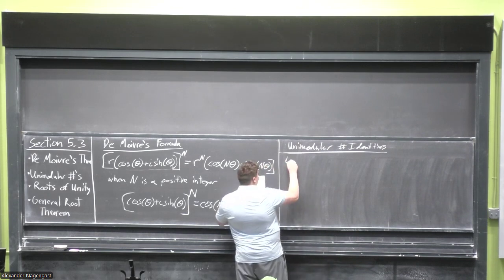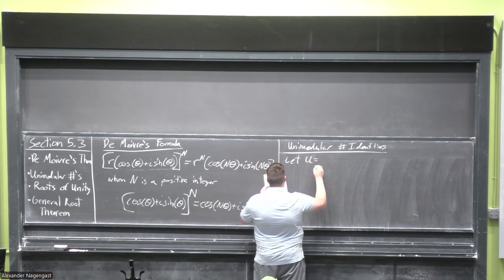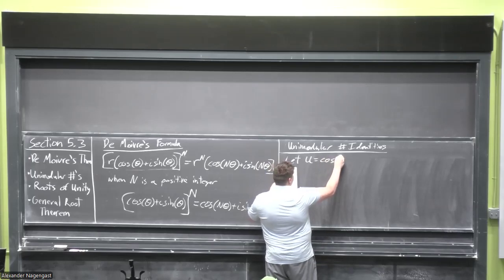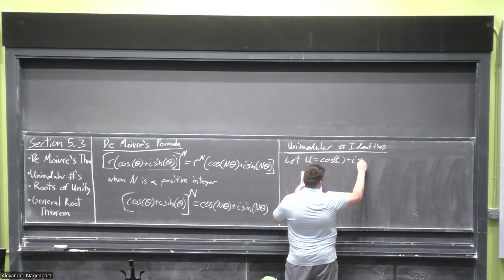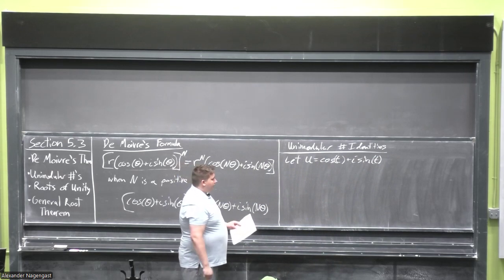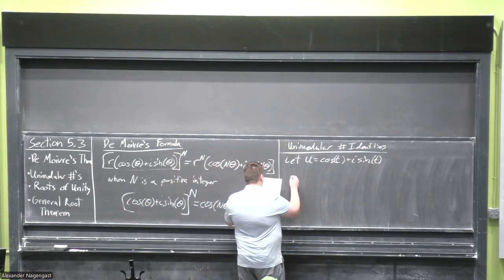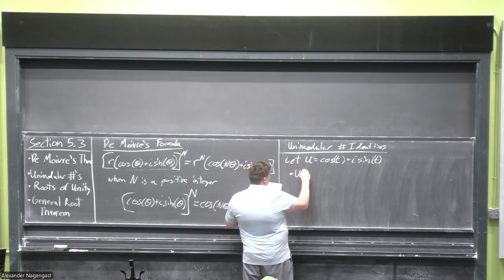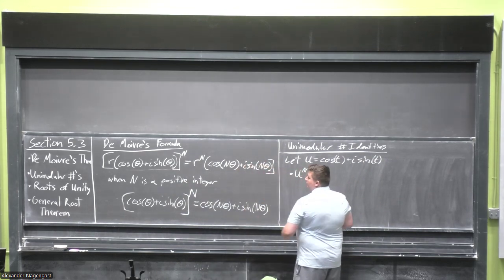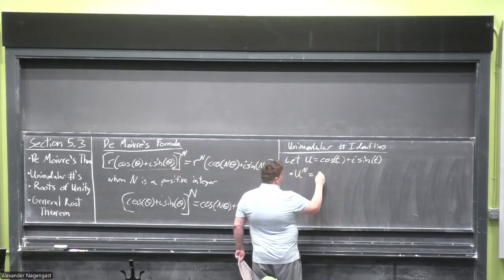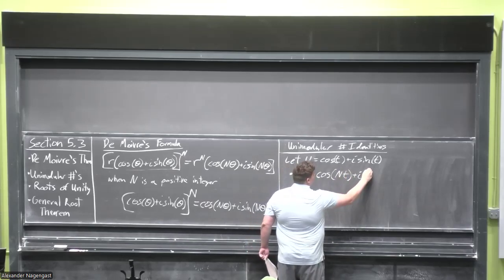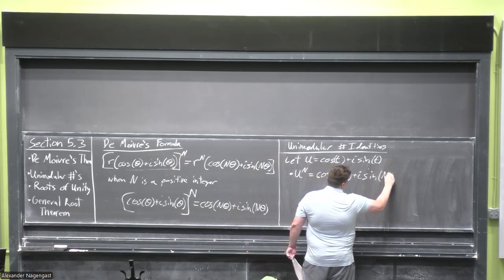So we're going to let u be equal to cosine of t plus i sine of t, which then the properties that we have are u to the n for some positive power n, we get de Moivre's formula shows us you have cosine of nt plus i times sine of nt.